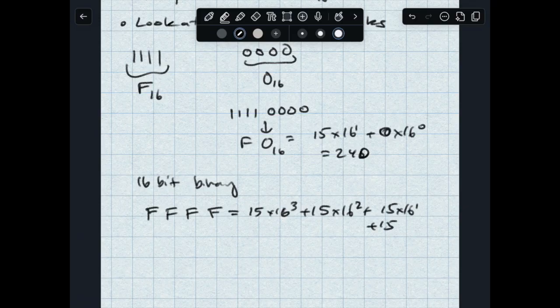Turns out if I add all that up, I get 65,535, or I guess that's the max. The number of values goes from 0 to that number, so I've got 65,536 total values that can be represented, and that's 16 bits of binary data represented compactly using 4 digits in hexadecimal.